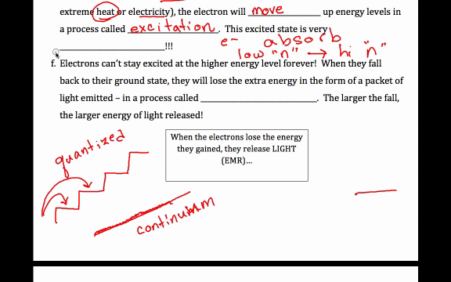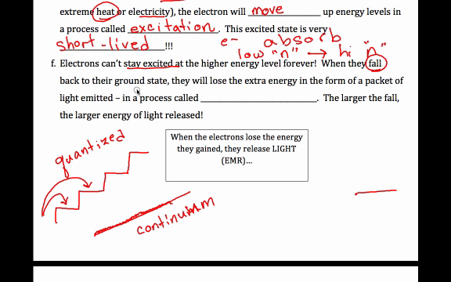And an excited state is very short-lived. They can't stay excited for very long. What they'll do is fall back down to their ground state, or as close to the nucleus as they can.